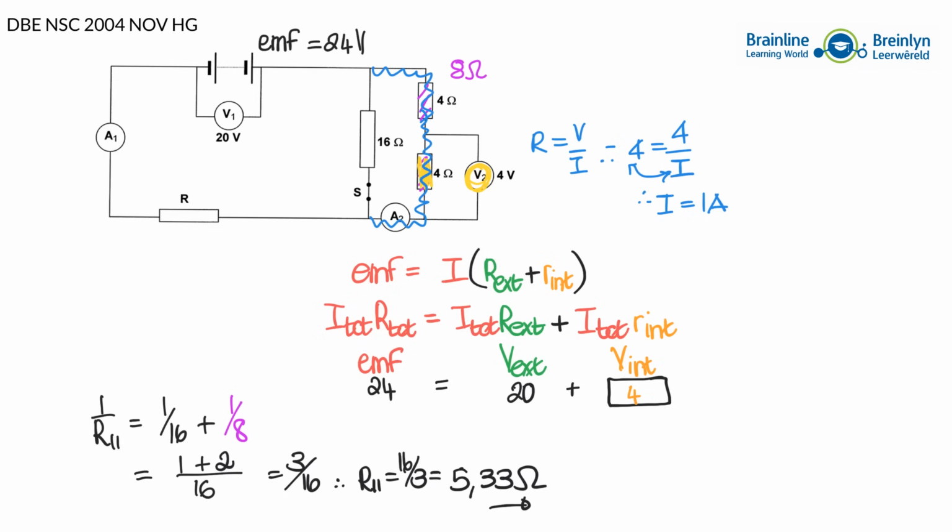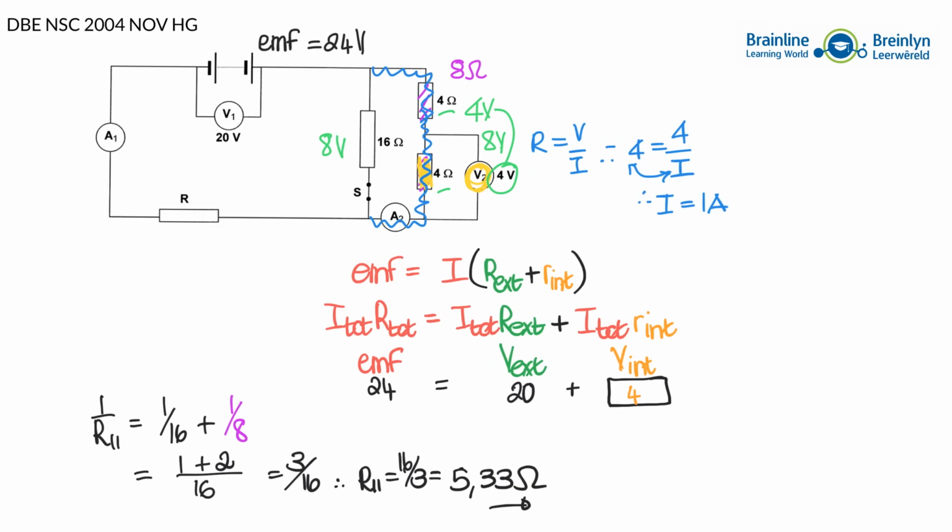Remember that because we are working in a parallel network, we of course know that the reading for a voltmeter like this 4 volt, and that is a 4 ohm and a 4 ohm, we would have another 4 volt combined over here. In other words, the reading for the parallel network would be 8 volt. It would also, of course, mean that there would be 8 volt on this side.